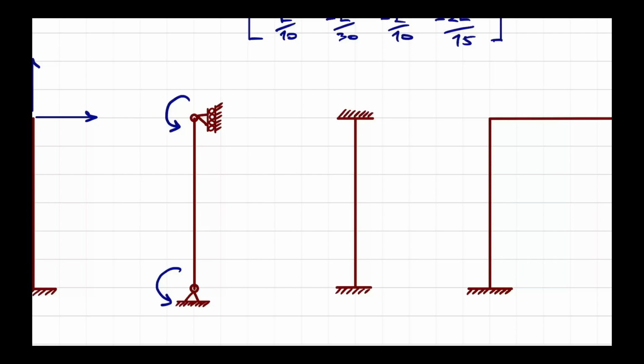So we can just put the node there. Then we have 2 degrees of freedom.